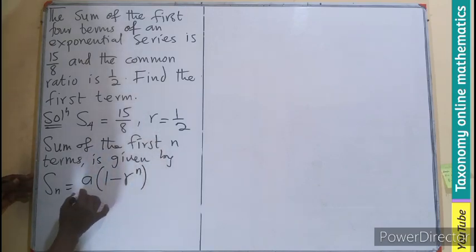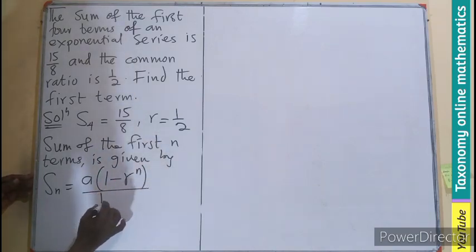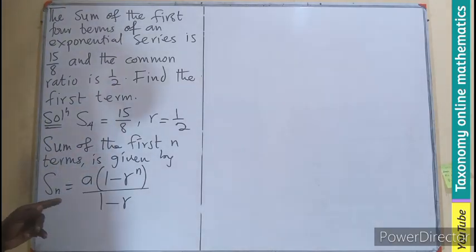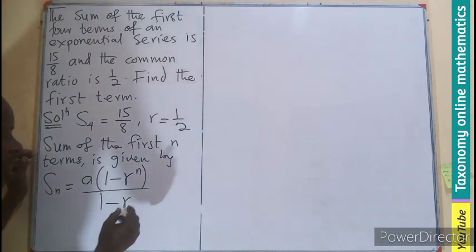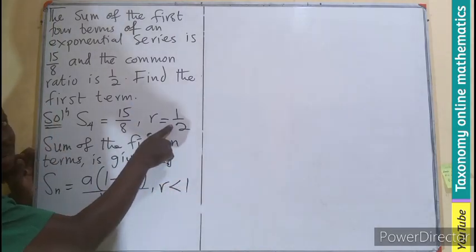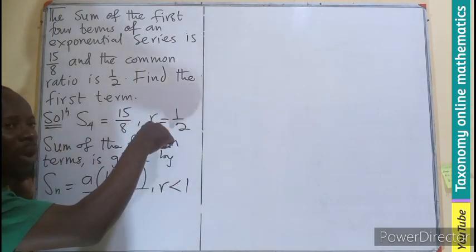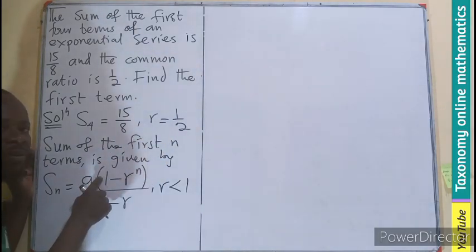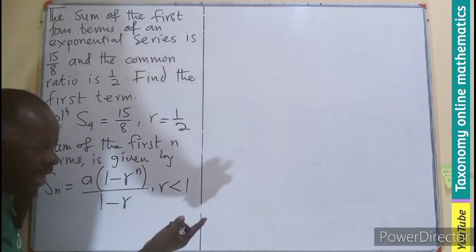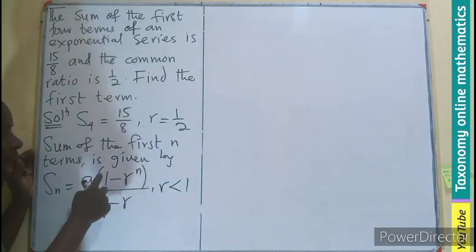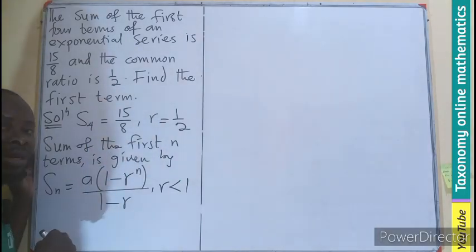This is what we are using because our r is less than 1. The common ratio is half, which is less than 1, so we subtract it from 1. It will be the other way around if the common ratio is more than 1, then r comes before the 1.